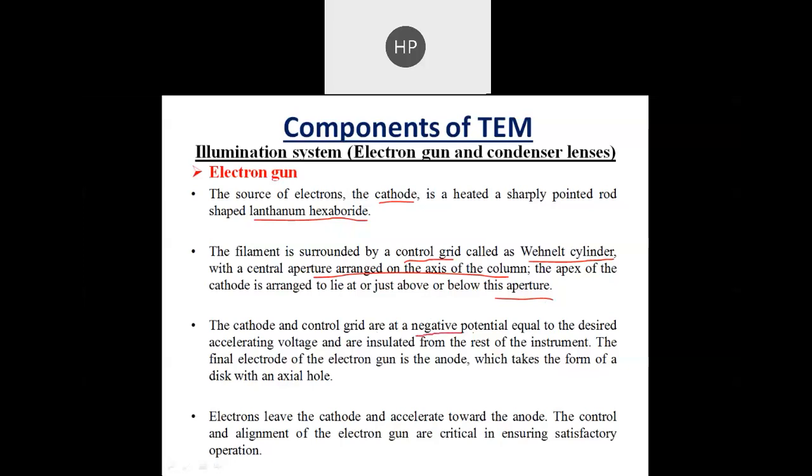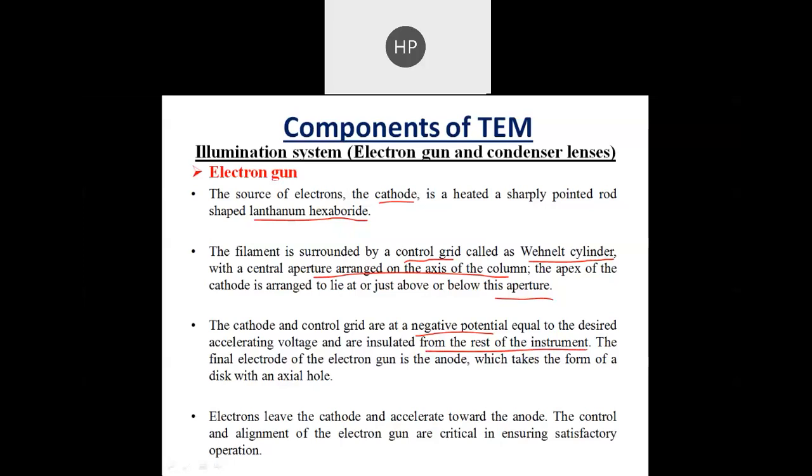Then the cathode and control grid are at a negative potential. Why? Because we have to generate electrons, which have a negative charge, so they are at a negative potential equal to the desired accelerating voltage, and they should be insulated from the rest of the instrument.